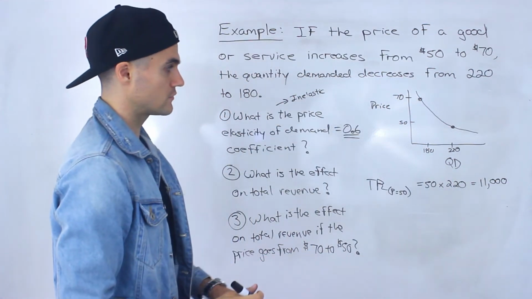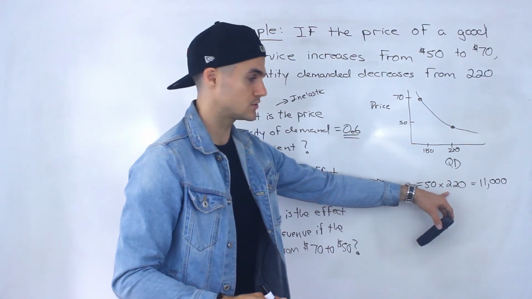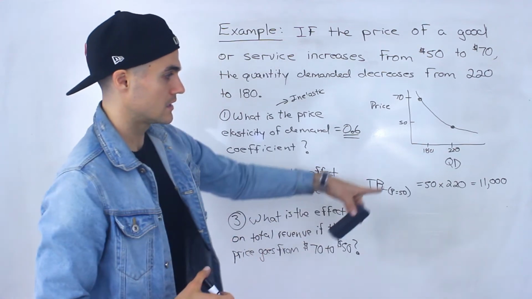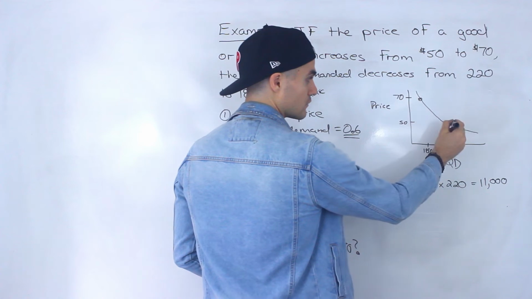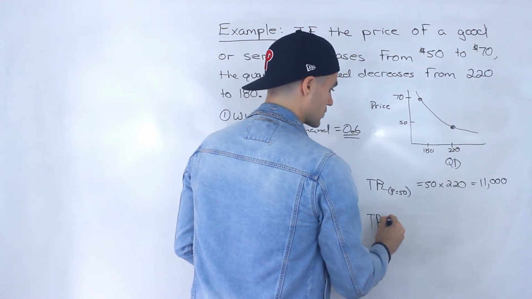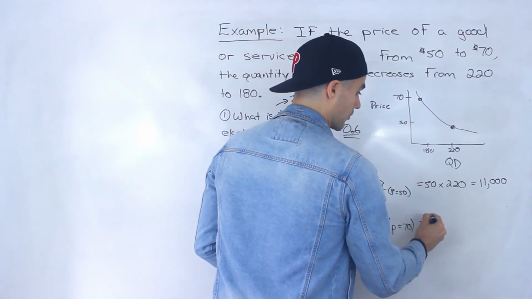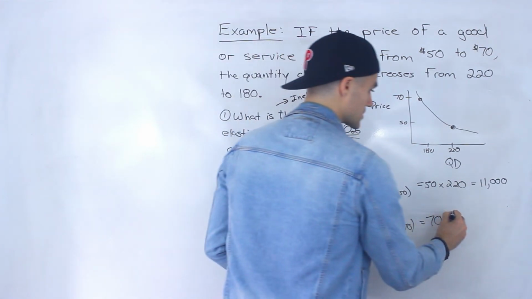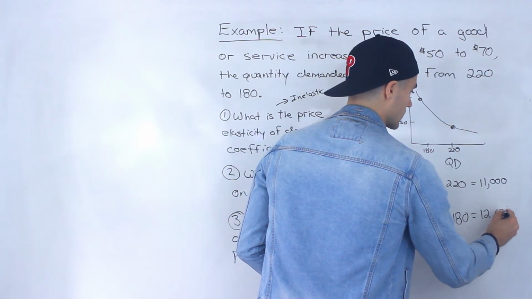So that's the total revenue when the price is at 50, 50 times that quantity demanded, 220. That's the quantity sold, remember, as I mentioned in the previous video. Now, what's the total revenue to the producer going to be if the price is 70? Well, it's going to be the price, 70, times that new quantity demanded, which is going to be 180. And that would give us 12,600.